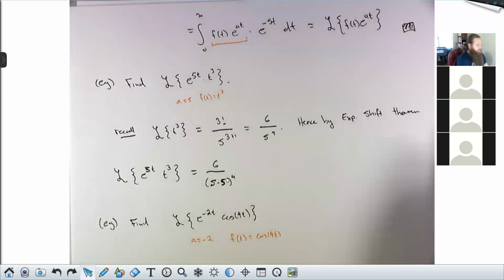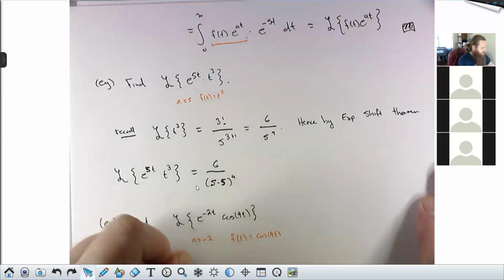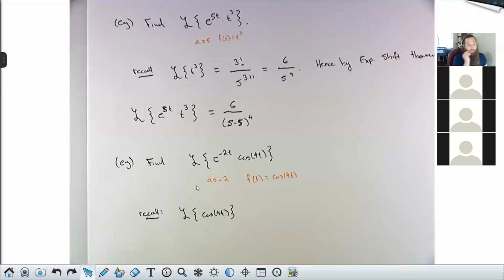And then, just like in the last example, we have to recall what the Laplace transform of that basic function is, the one that's getting multiplied. So now here we need to recall the Laplace transform of the cosine of 4t. And then I will take that Laplace transform and shift it to get the Laplace transform we're after.